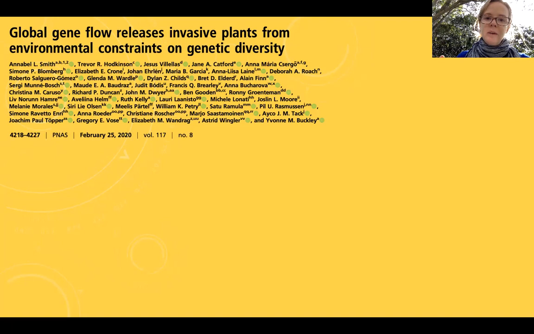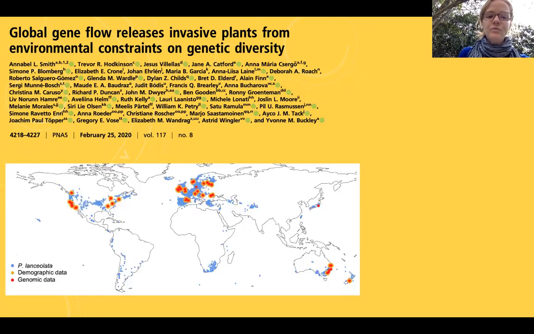A lot of the demographic data we used in this study were those very early sites that were set up early in PlantPopNet, that already had data coming in from 2014, 2015. Some of the more recently set up PlantPopNet sites were not included in this study because we didn't have the data then. This just shows you on the map those sites that we did use in this study.